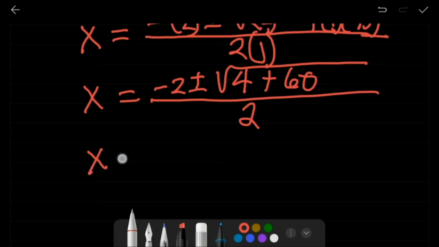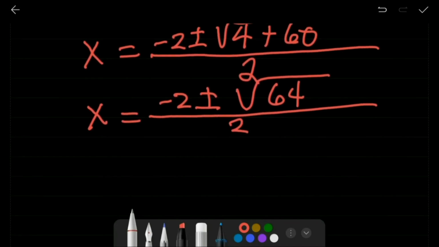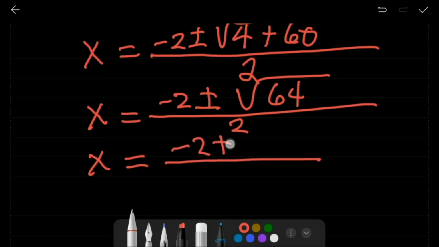So x is equal to negative 2 plus or minus 4 plus 60 is 64 over 2. x equals negative 2 plus or minus the square root of 64, which is 8, over 2.